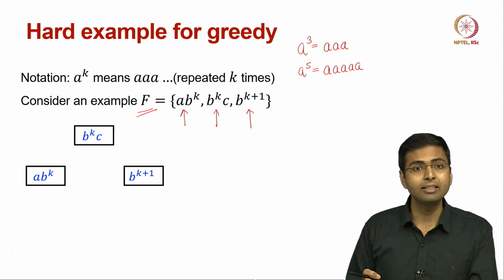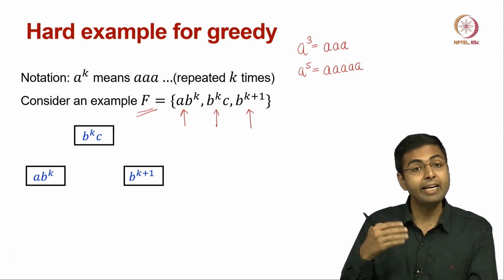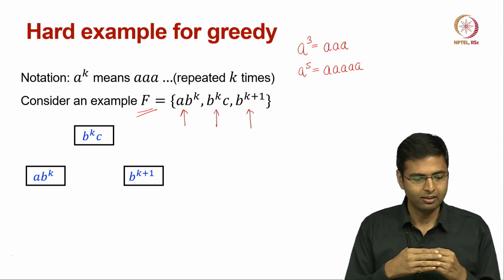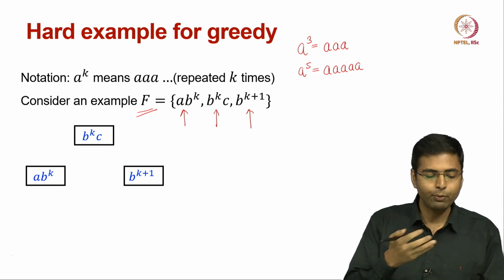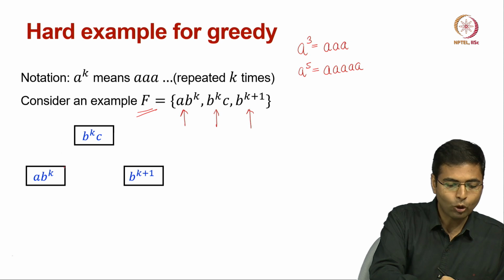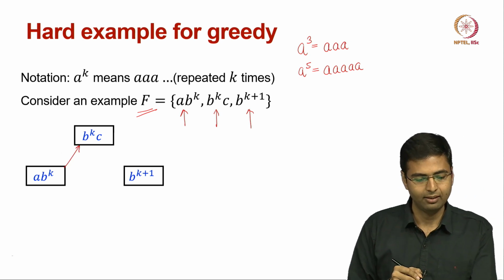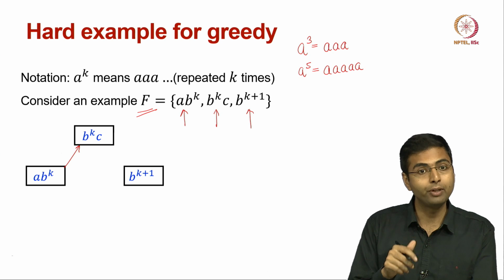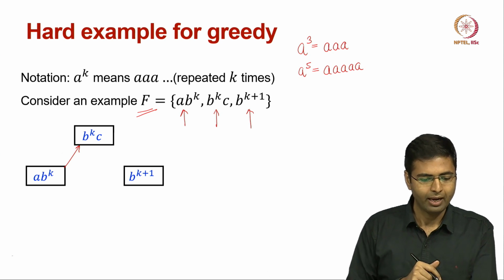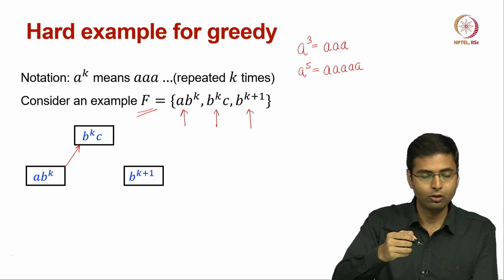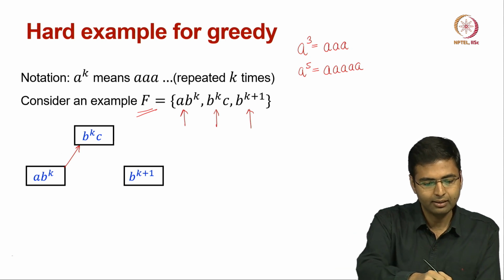You have 3 strings, and as you know, the greedy algorithm favors the longest suffix prefix overlaps first. So, maybe it will see that there is an overlap of length k between these 2 strings. So, maybe it will connect these 2 strings first, and then there is no choice, that is, the only pair of strings left to be connected is these 2.